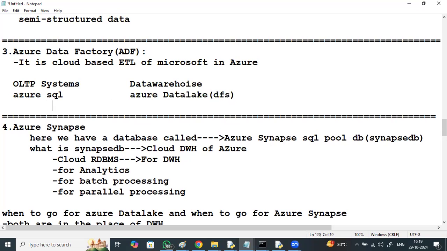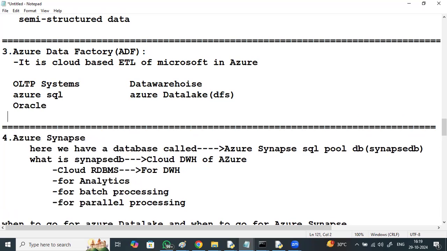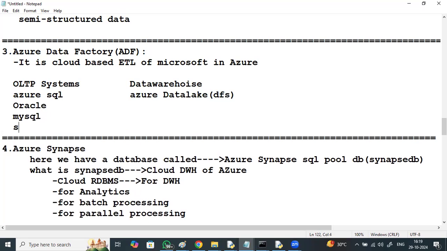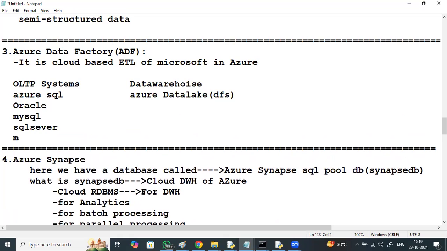In OLTP systems, Azure SQL, Oracle, MySQL, SQL Server, MongoDB, all this comes under OLTP systems. And which are the things which come in data warehouse?